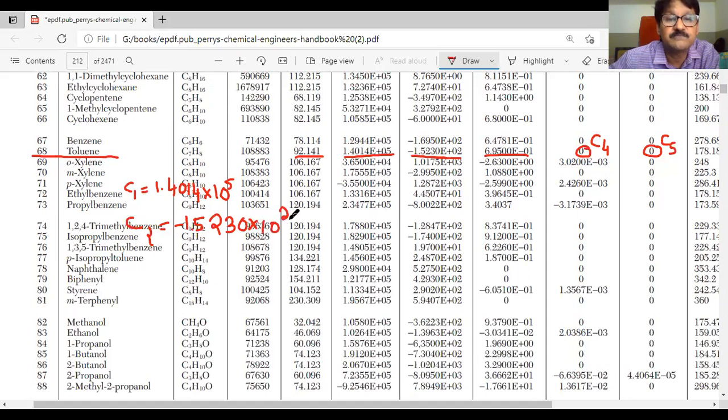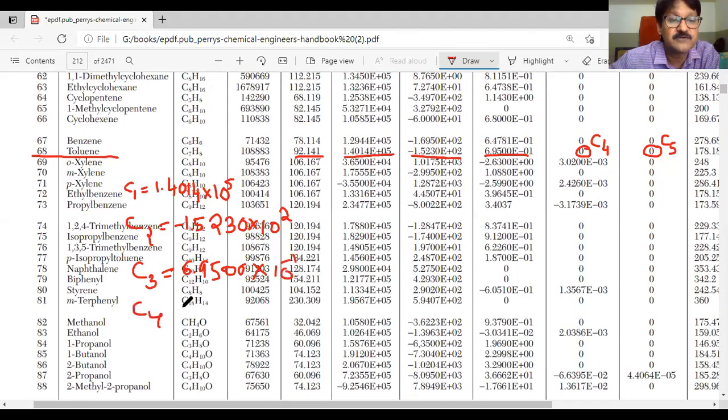C3 is also given, C3 is 6.9500 into 10 to the power of minus 1.